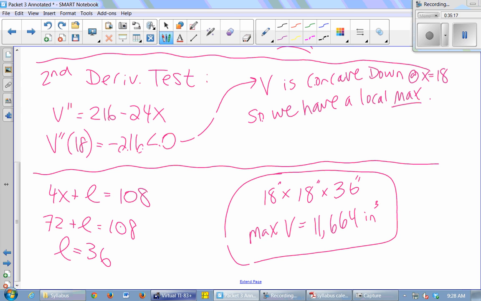So I was just thinking about it while you were working. It seemed like an arbitrary restriction for the post office to put, like, that the perimeter around plus the length equals 108. What do you think? Is it arbitrary, or do you think there's a good reason for it? Yeah, it does stop you from having a really long box.